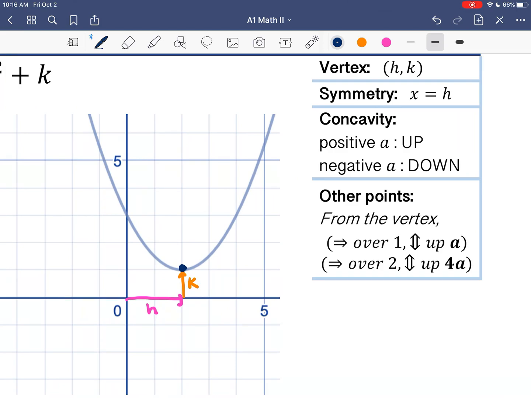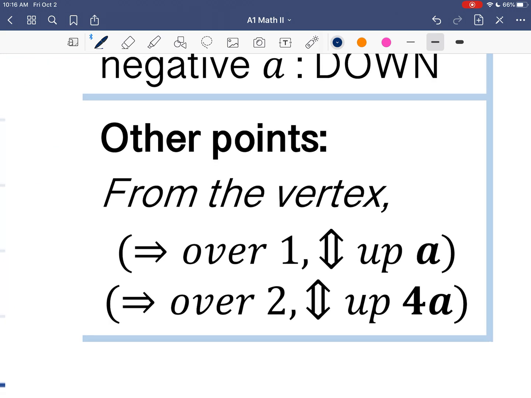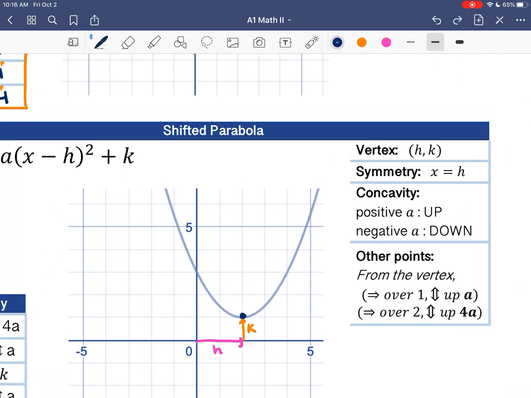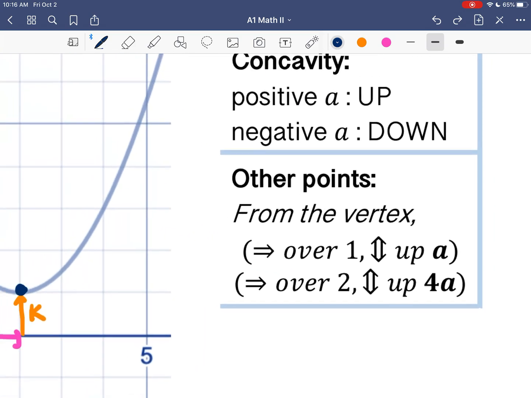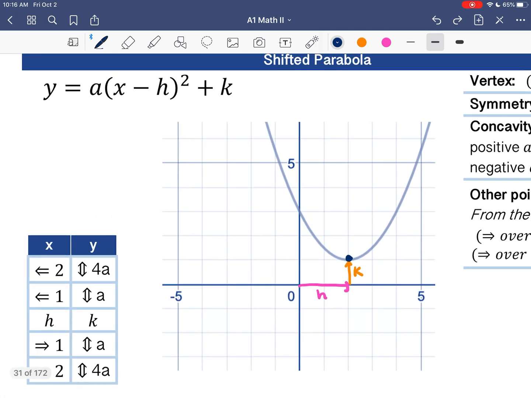But then from the vertex, once you've found H and K and graphed that point, to find the other points, you go over 1 and then up whatever A is. And then for the second point, you can go over 2 and up whatever 4 times A is. Because remember, our standard parabola was over 1 up 1 and over 2 up 4. And we're multiplying those up values by A. So this one is really 1 times A, and the other one's 4 times A, but we don't need that one.